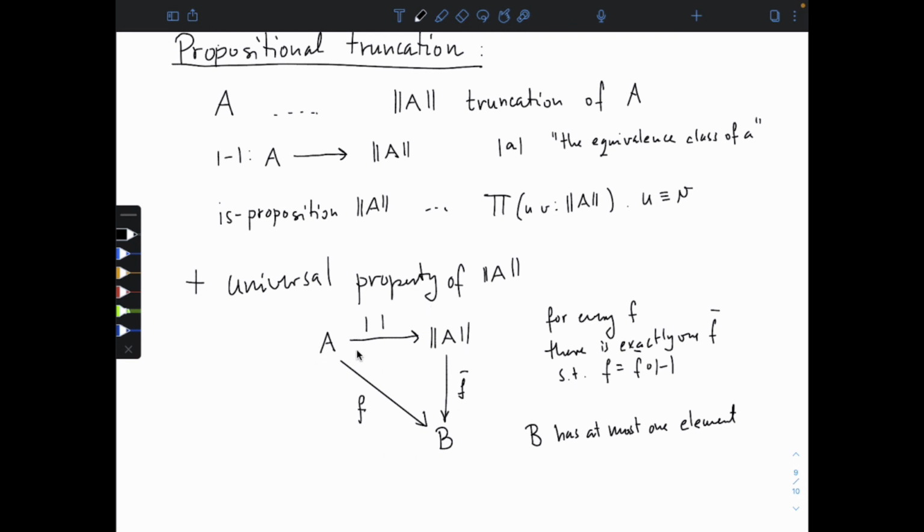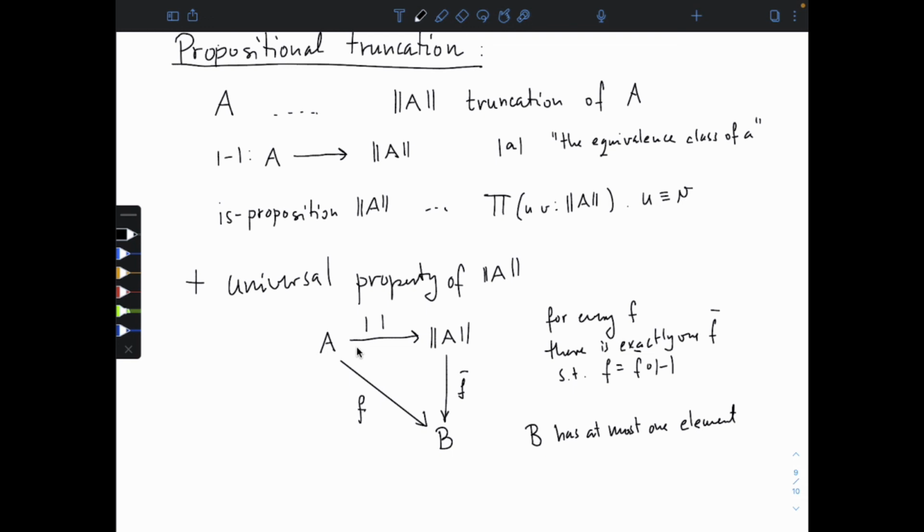This is category theory. This thing has the exact same form as the basis of a vector space, that a vector space is spanned by a basis. A is the basis. The bracket A will be the entire vector space. The horizontal line is the inclusion of basic vectors into the vector space. F is a linear map.